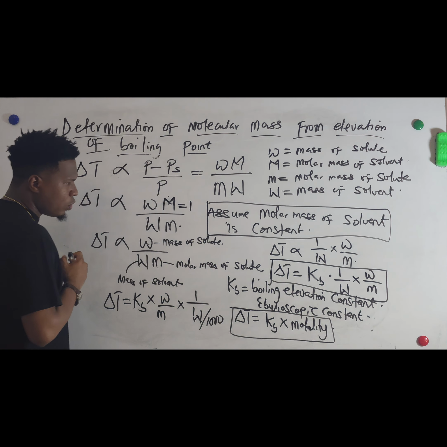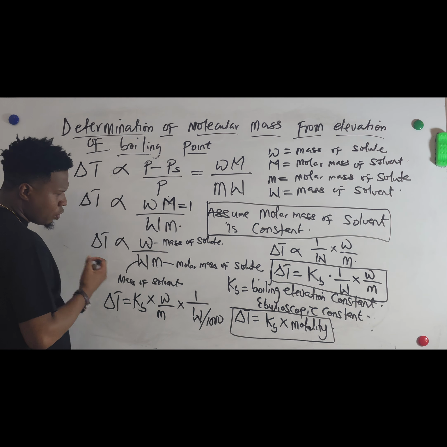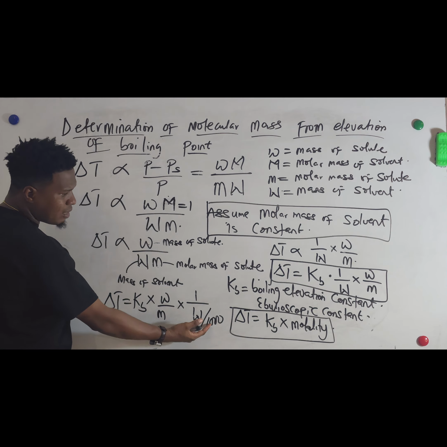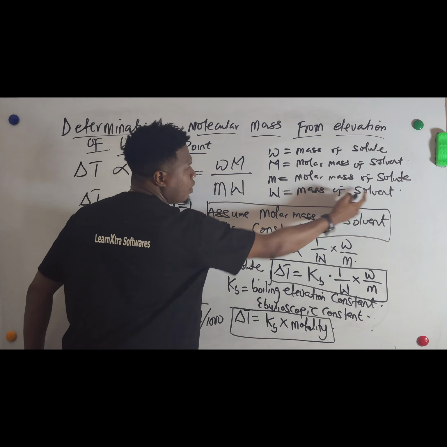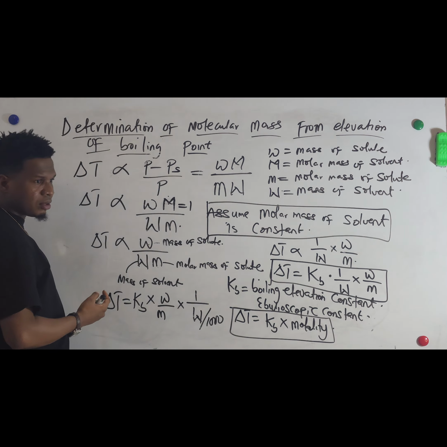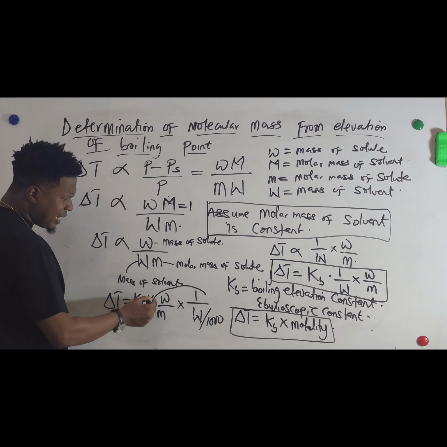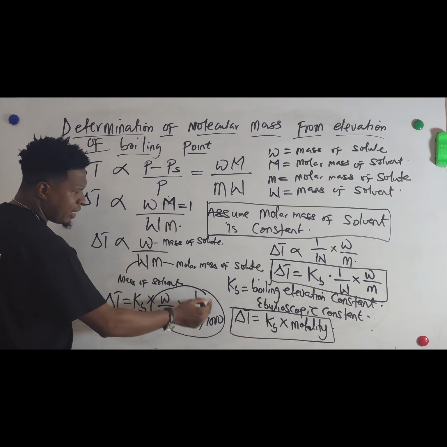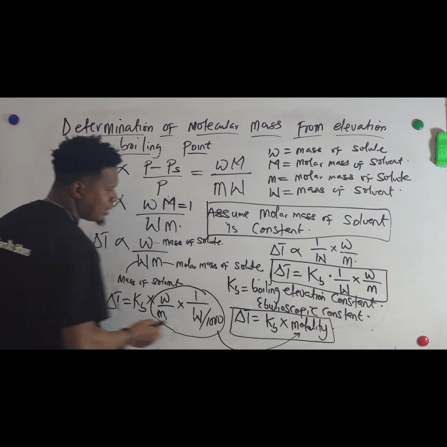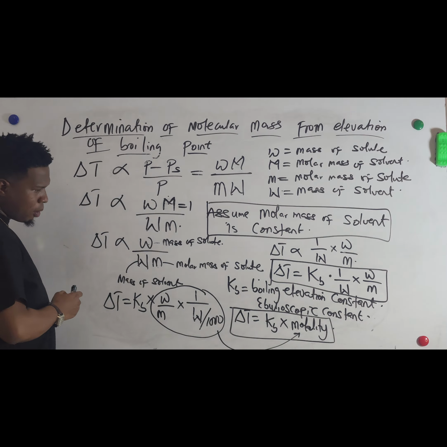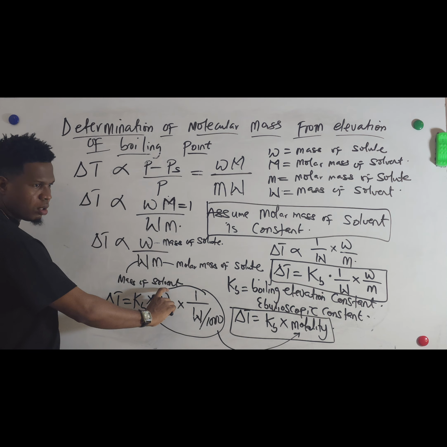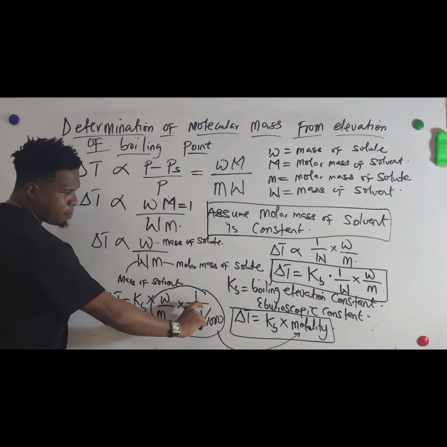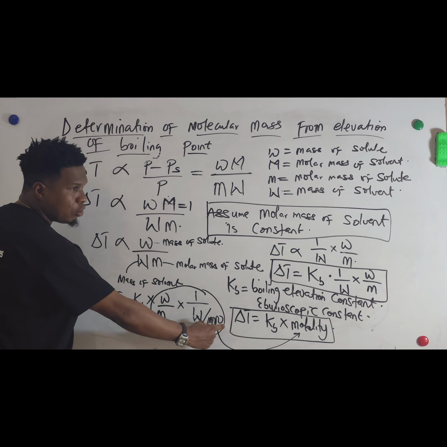Now, I also said that if you divide this W by 1000, remember W is the mass of the solvent. If you divide it by 1000, automatically it means that everything here is equal to molality, because molality is mole divided by mass of the solvent in kilogram.